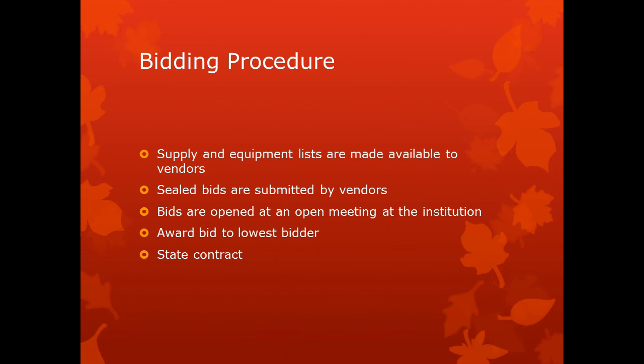Normally all kinds of people gather around from all the departments, take a look at the bids, or whoever wants to show up, and then we award the bid to the lowest bidder that meets our specification. Not always does the lowest bid get the bid.